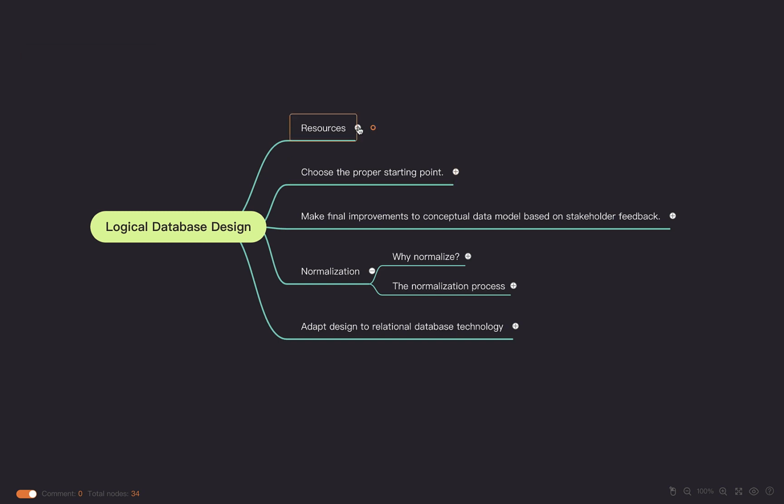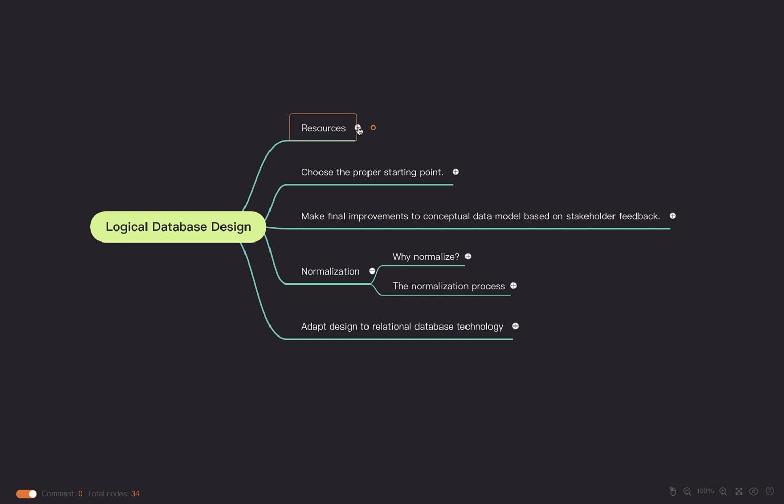Okay. If we're going to do logical database design, we need to put it in some kind of context. Typically, people who are doing design of a relational database take a three-step approach. They begin with conceptual data modeling.